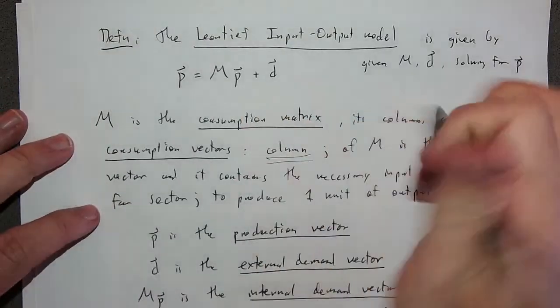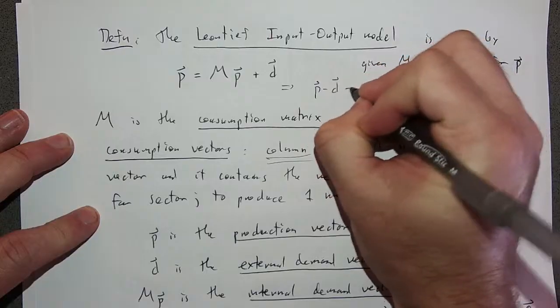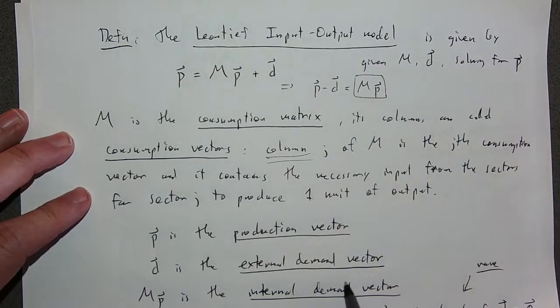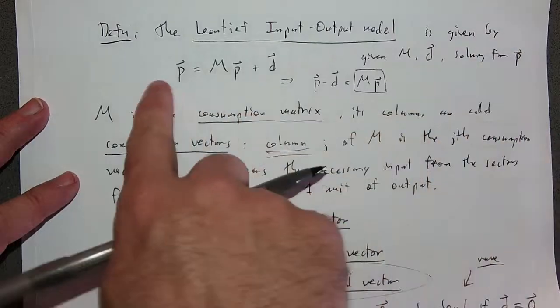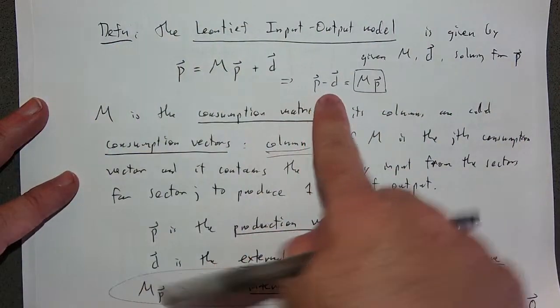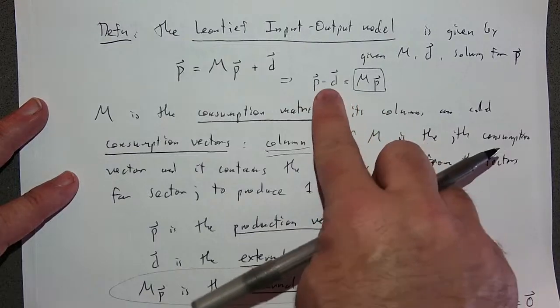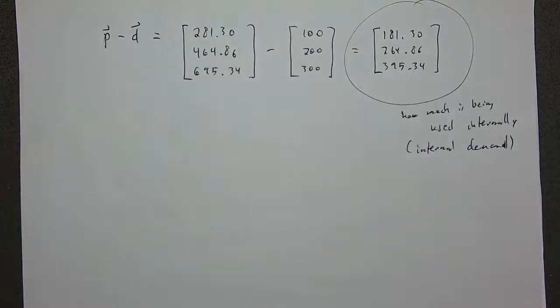What is P minus D? From this equation, P minus D is just M times P, and M times P is the internal demand vector. Of course, given how I've defined all these things, this would make sense even if we didn't know this. You're subtracting off the external demand, and what is left of your production is what you're producing for internal purposes. So this is your internal demand.